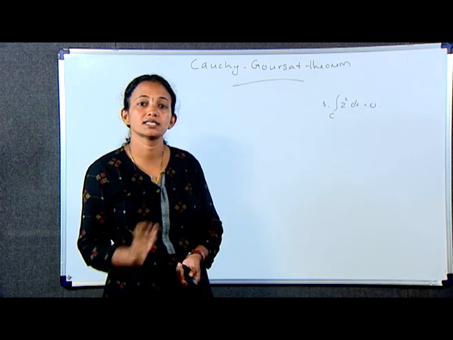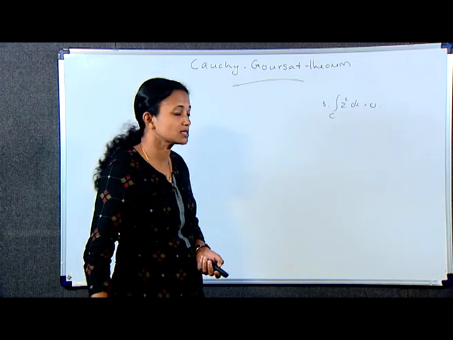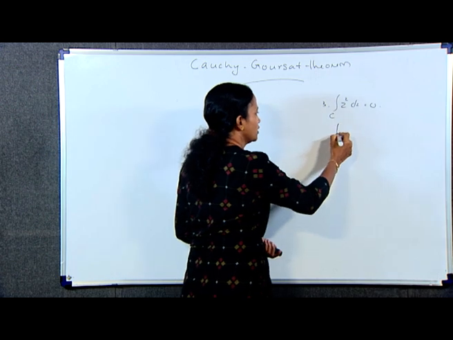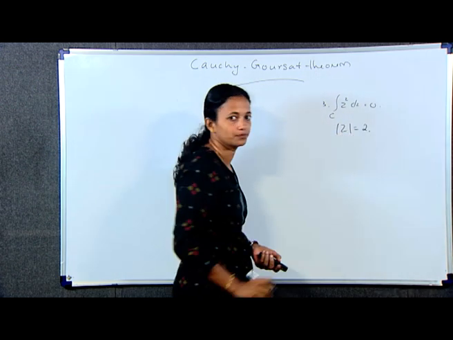Consider the integral over C of z square dz, where C is mod z equal to 2.